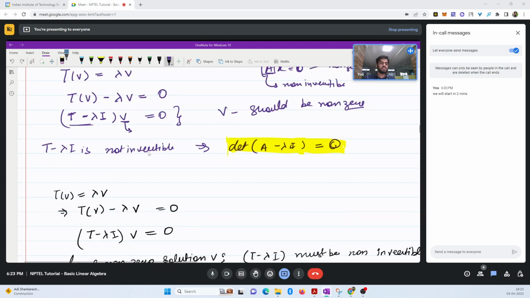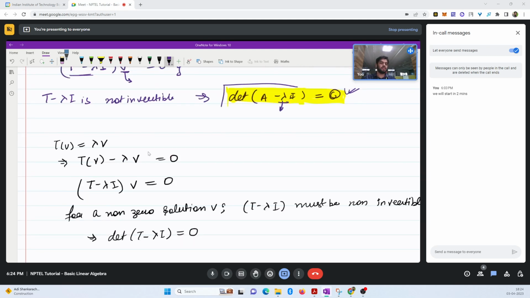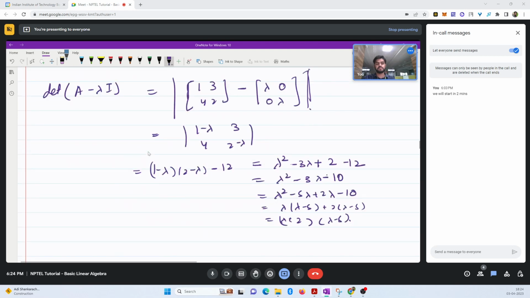Now, this particular thing that I said is very important to remember. In order to find your eigenvalues, you should use this formula: the determinant of A minus lambda I is 0.